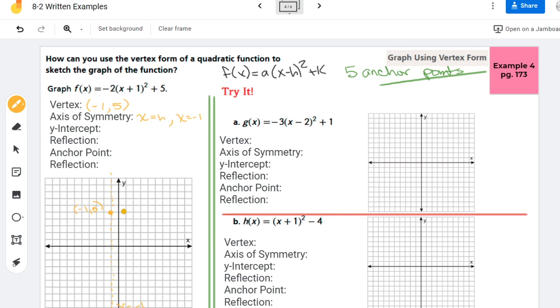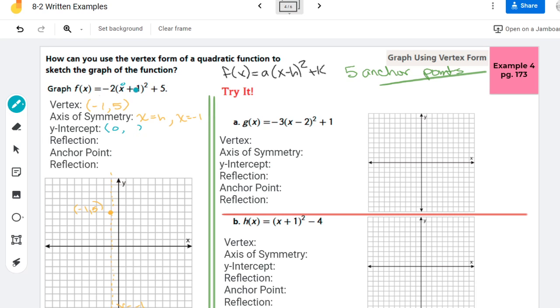Now we always want to identify some other key points here. A really useful one is usually the y-intercept. If I plug in a 0 for x, I would get my y value. So I'm going to go ahead and do that, and try to do it a little bit mentally.